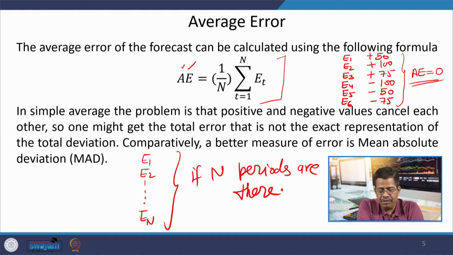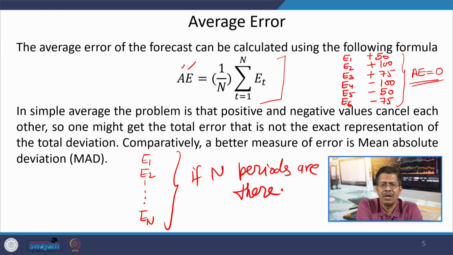So, if I simply have this data that average error for my forecasting error data is 0, I will say that, oh, you are doing a fantastic, very accurate forecast, your methods are absolutely fine. But then if I see period to period data, it is not a good forecast. You are going up to plus 100 also, and you are going up to minus 100 also. So, positives are neutralizing the negatives, therefore, average error is 0.